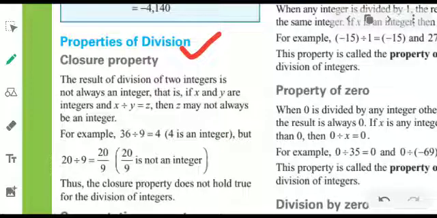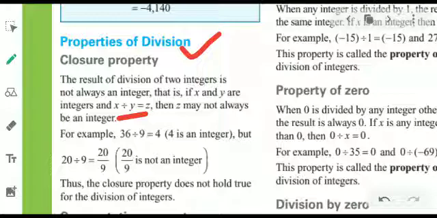That is, if x and y are two integers, x divided by y is equal to z, then z may not always be an integer. It may be an integer and it may not be an integer. So we cannot say that the result of x divided by y is also an integer.